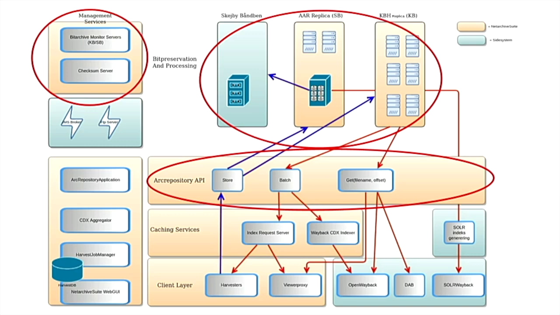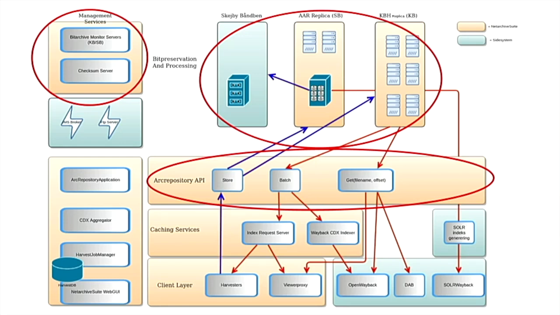So we store stuff, but it also has mass processing, batch processing, as Elle mentioned briefly, and it also has a WARC record level access API method in it. So if we're going to get rid of this old archive layer, we have to get rid of all of that, and then we can get rid of the thing at the top, which is the old archive storage and some other components that are used for management, and offload those and modularize all our NetArchive Suite.